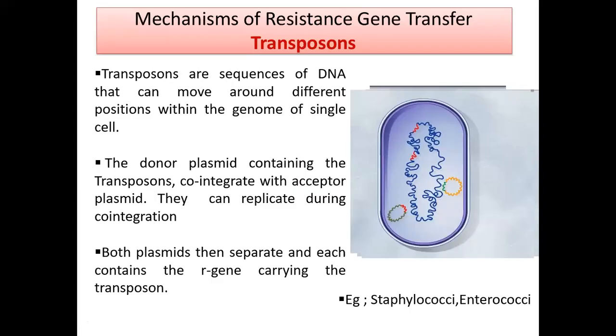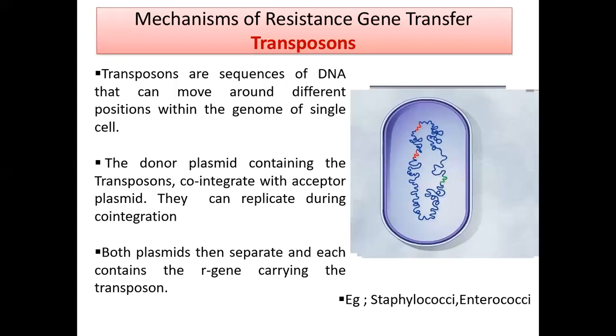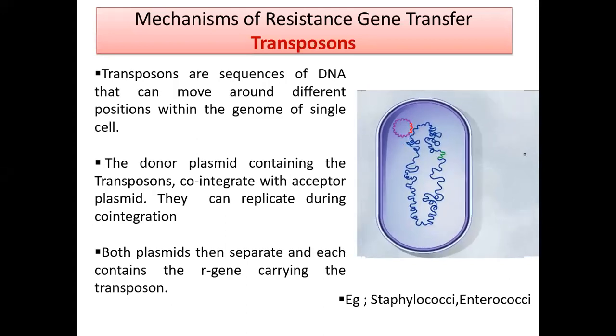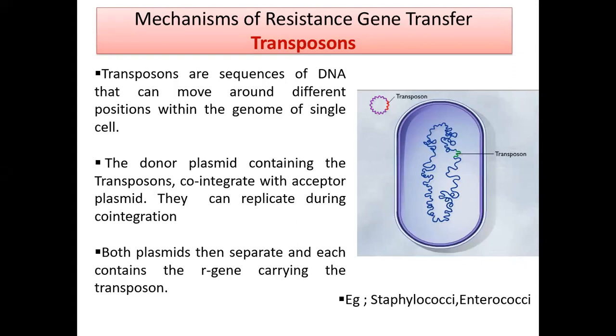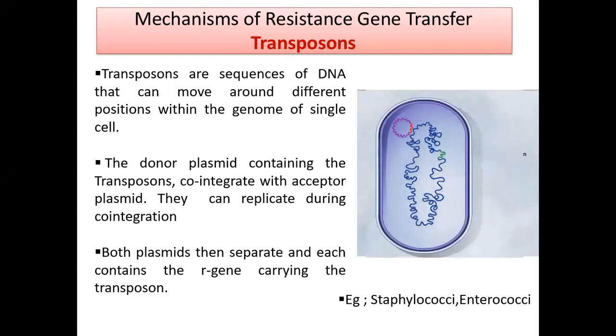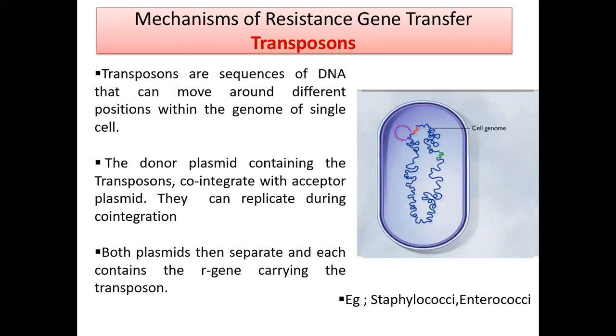Let me go again so you can see the exact procedure. See, now the transposons are two different colors. Here you can see the red part and the green part. In the next slide, you can see the plasmid come inside the cell, and the red part is going to integrate into the cell genome.